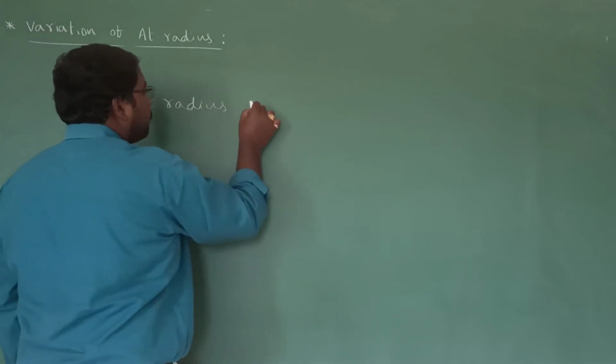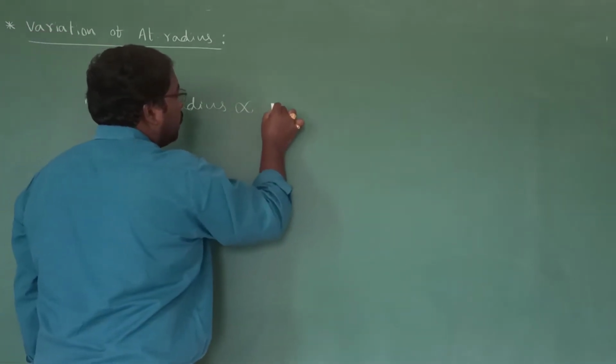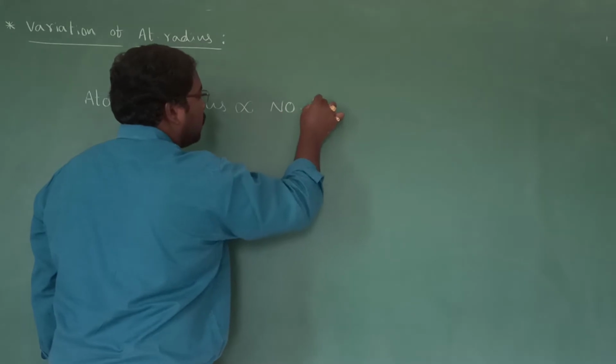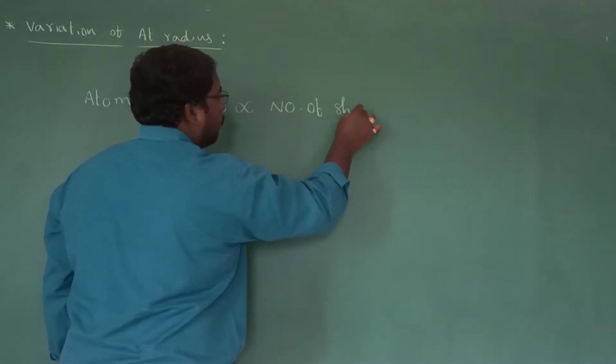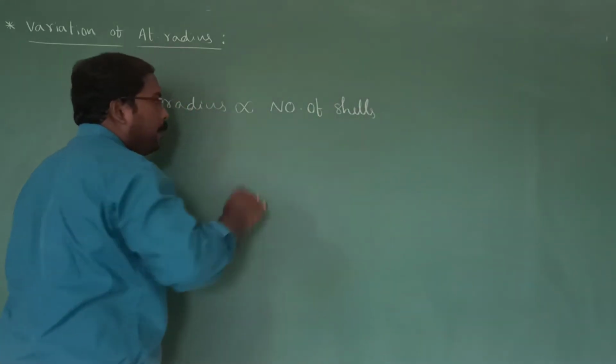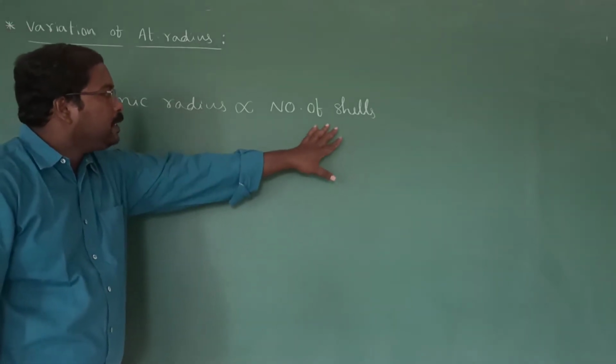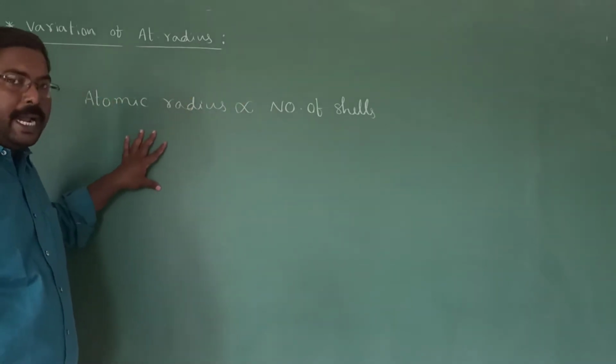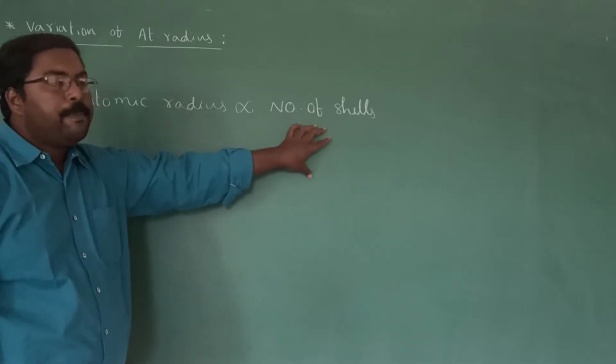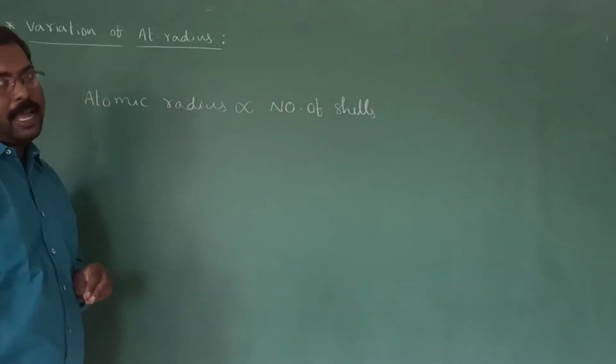One is the number of shells. Number of shells is nothing but the number of orbits. The main factor which affects the size of the atom is the number of shells present in the atom.